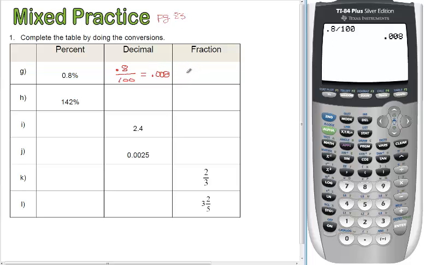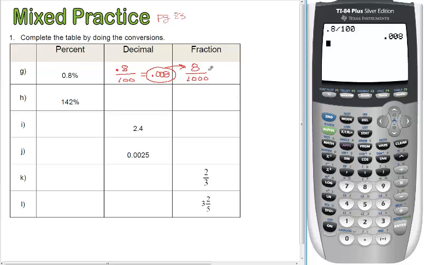Okay. How do I do that to a fraction? There are several ways. I can take 0.008, and because it's 3 decimal places, you count 1, 2, 3, I take away the decimal and put it over 1,000. Now reduce.